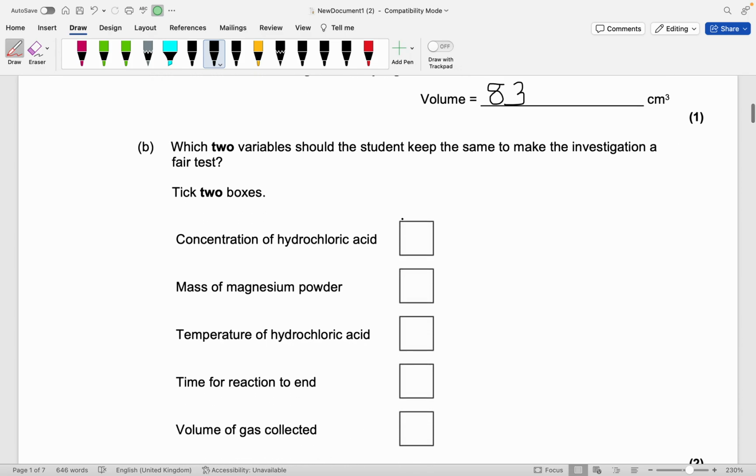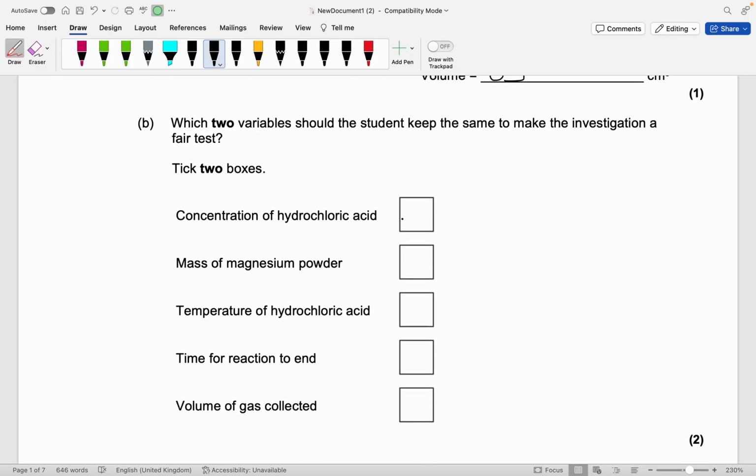It says, which 2 variables should the student keep the same to make the investigation a fair test? So we've got the concentration of hydrochloric acid, the mass of magnesium powder, the temperature of the hydrochloric acid, the time for the reaction to end, and the volume of gas collected.